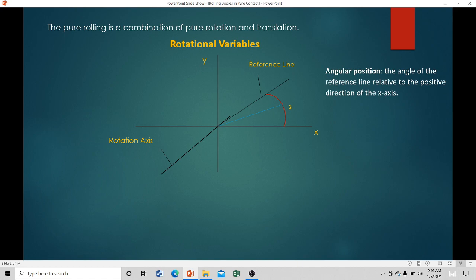So if we get the position or the angle of this reference line, we can get its distance or the arc length of this reference line.